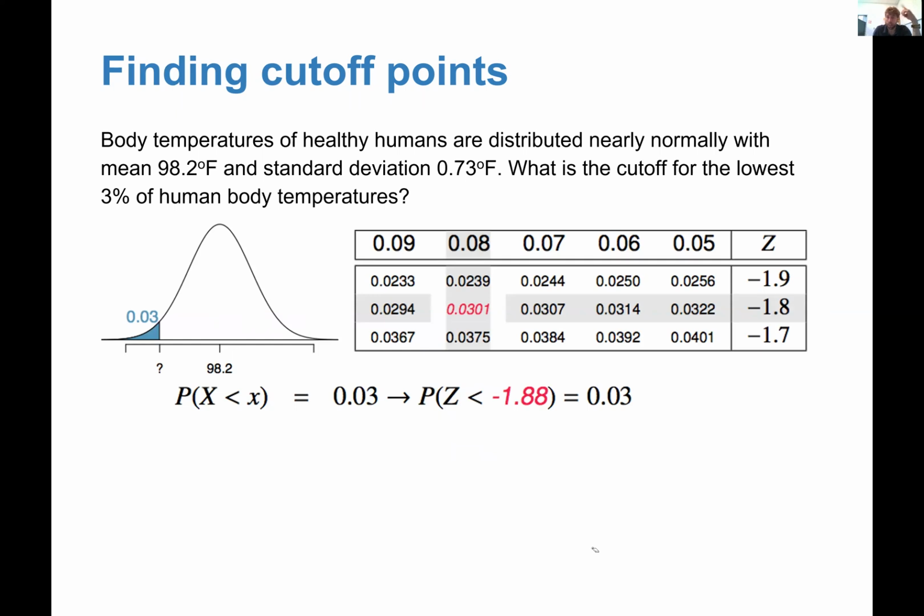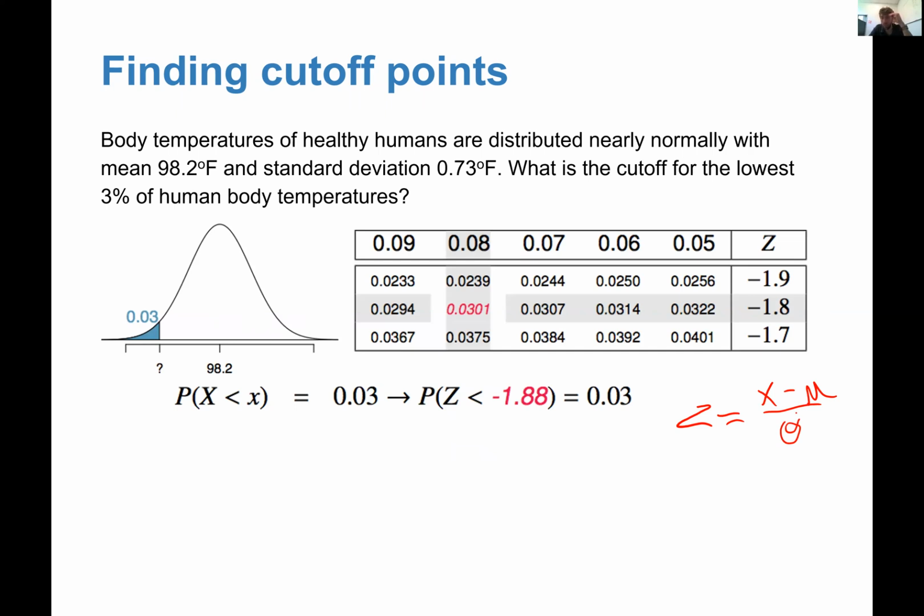So then I've got to find the x. All right, so we've got to do some algebra. Algebraically, I have this equation: z equals x minus mu over sigma, right?